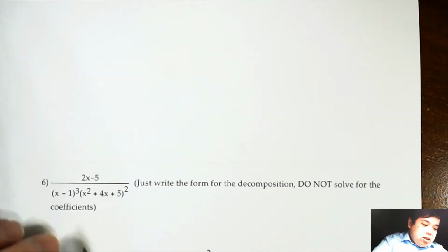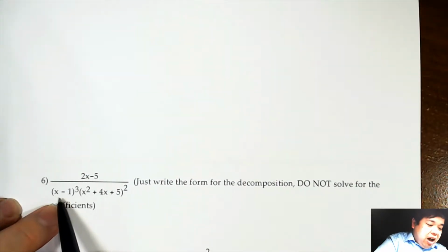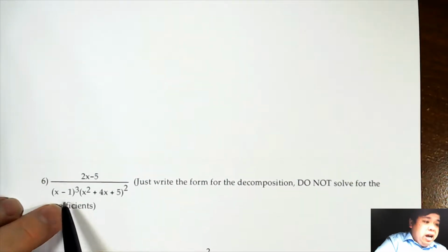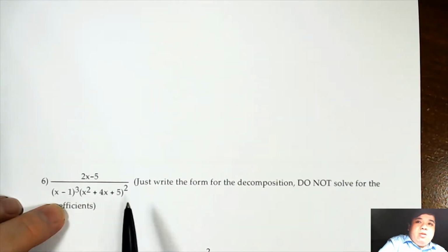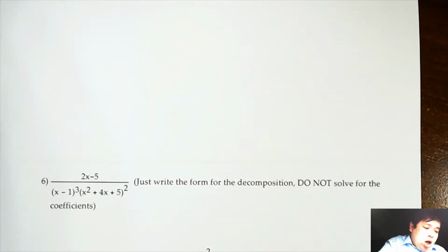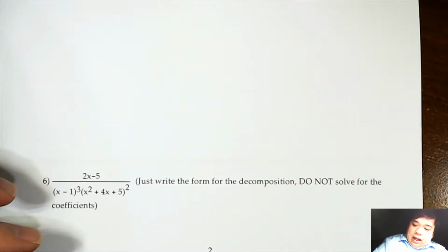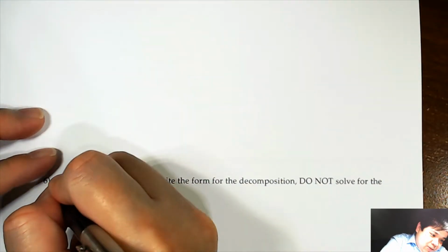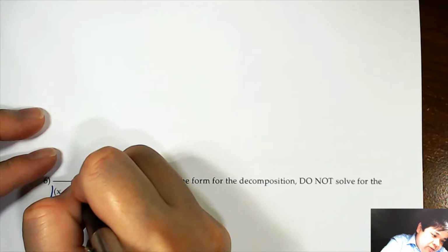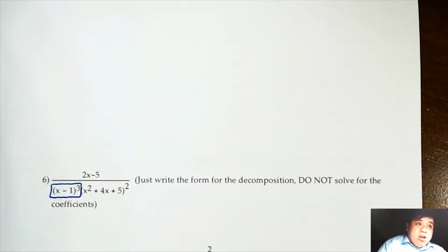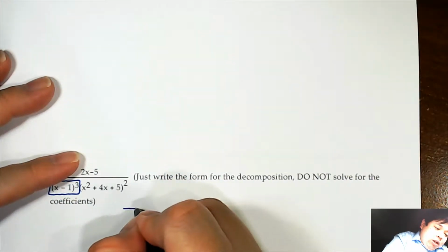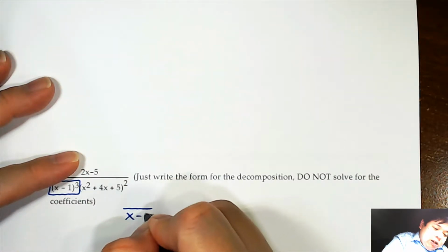So when we look at this, we have a linear factor of x minus 1 and a quadratic factor of x squared plus 4x plus 5. So we focus on the (x minus 1) cubed at the bottom first. Because of the cube, we're going to have 3 factors of x minus 1.